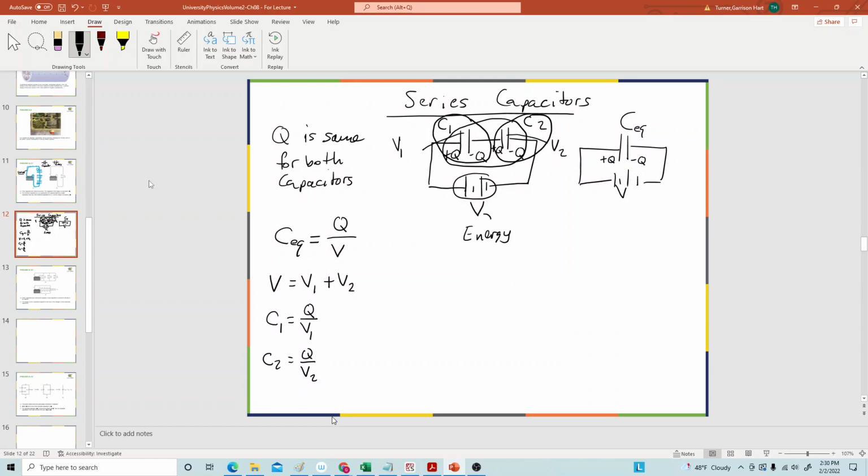And so, because this equation holds, I can solve my capacitance equations for voltage. I can say that the voltage relating to the total equivalent circuit is going to be equal to the charge that was moved divided by the equivalent capacitance.